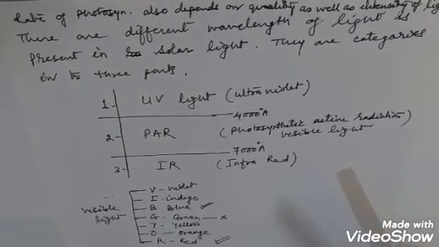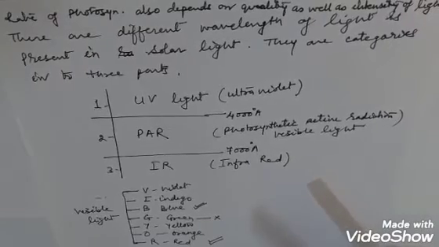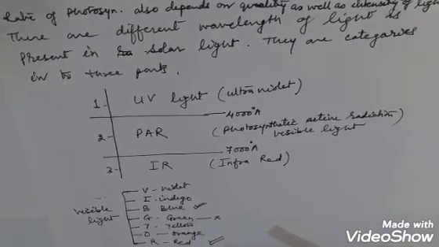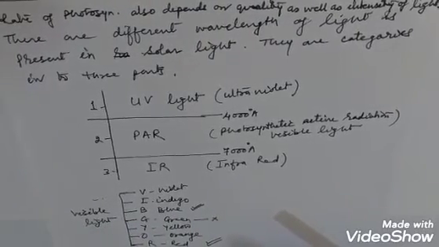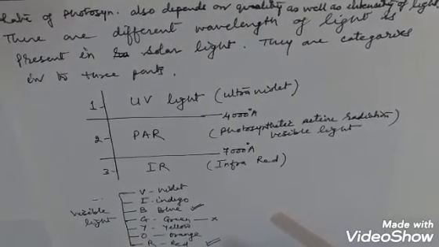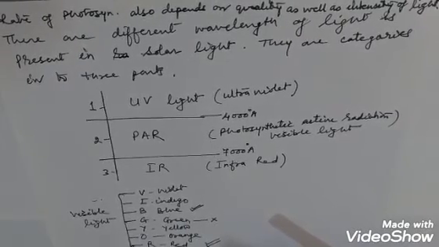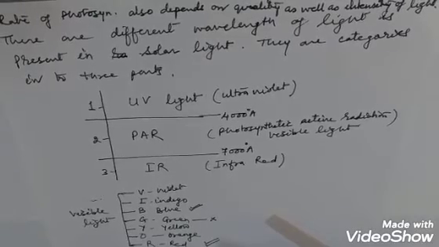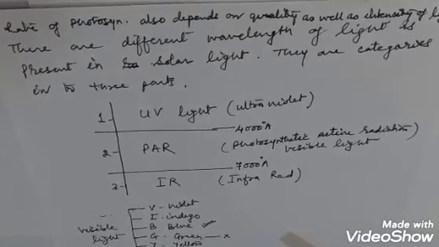Now we come to the first point of the light dependent phase, that is the absorption of light quanta. The rate of photosynthesis also depends on the quality as well as the intensity of light. There are different wavelengths of light present in solar light, and they are categorized into three parts: UV light, PAR, that is photosynthetic active radiation, and the third one is infrared light.